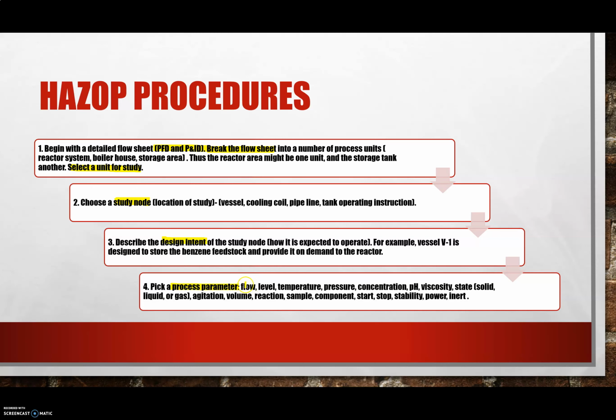Inside the reactor, you have your level and also the temperature. Then you should also have your pressure, concentration and so on. So these are the process parameters that need to be studied in your HAZOP procedures.